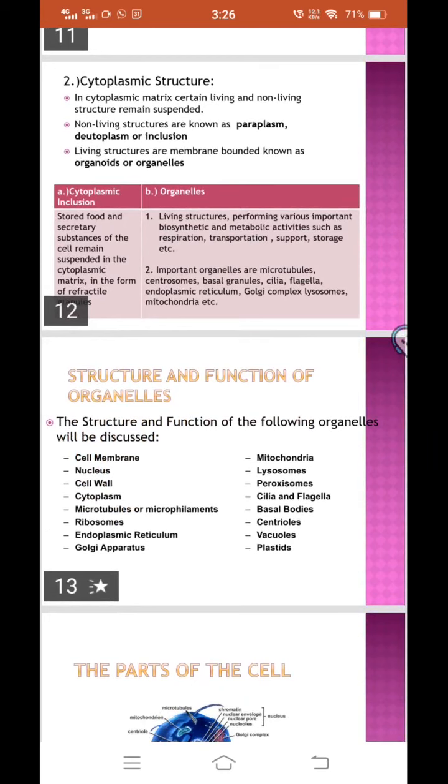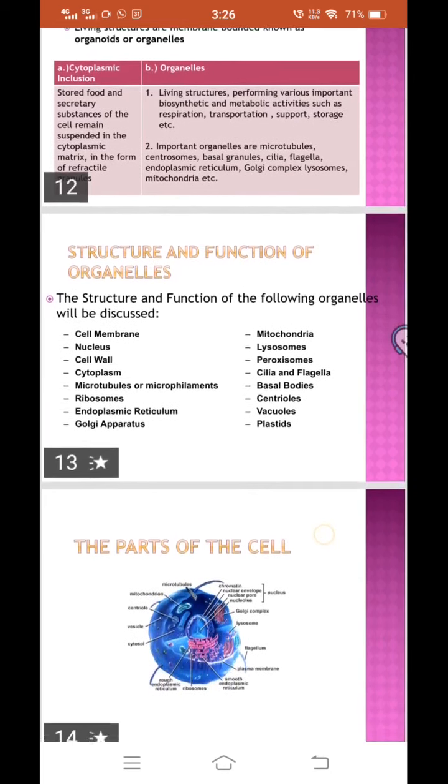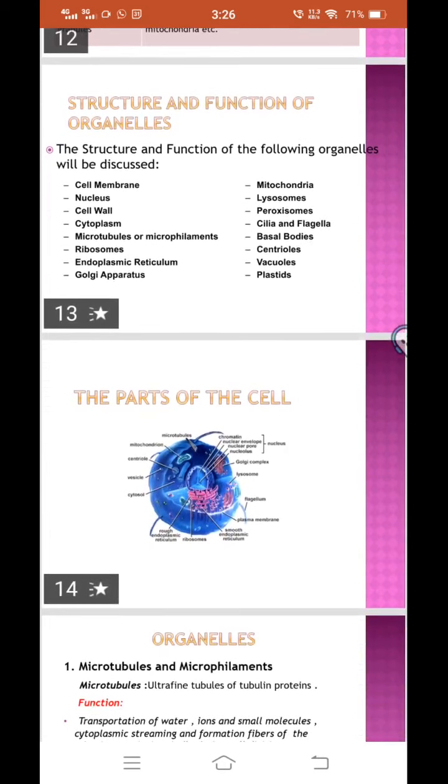Important organelles such as microtubules, centrosomes, basal granules, etc. are present in this cell. These organelles are very important, and because of these organelles the cell is living in nature. It is a living creature performing the different functions.